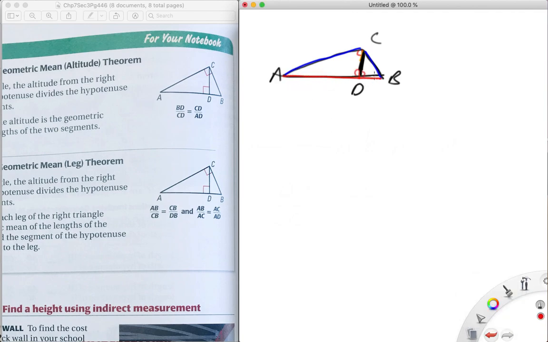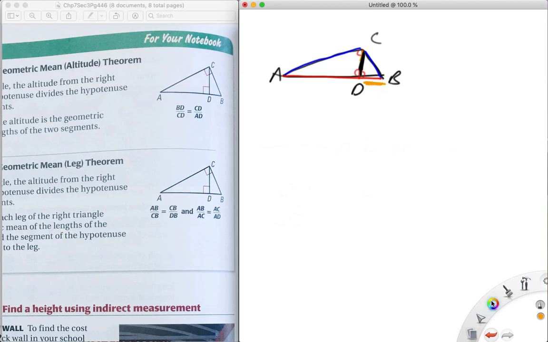So when they talk about the geometric means of the legs, they're talking about the geometric mean of the legs of the biggest triangle. So AC is the bigger leg of the biggest triangle, CB is the smallest leg of the smallest triangle, and AB is the hypotenuse. If we look at CB, CB touches the hypotenuse over the biggest triangle at DB, right here.